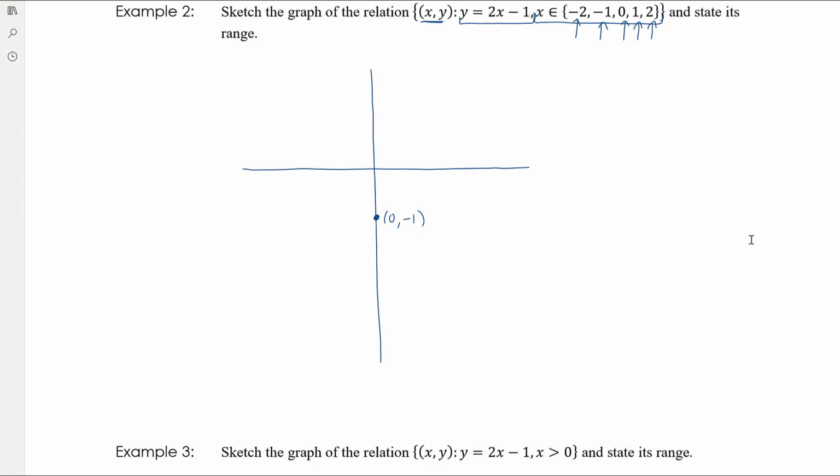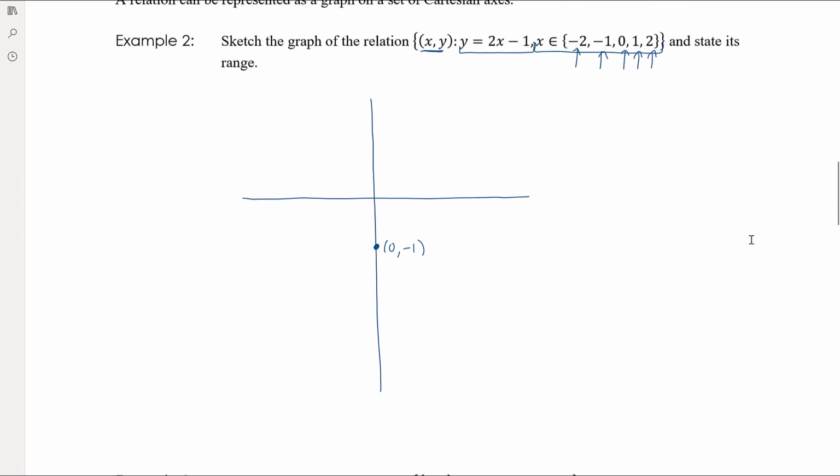So let's do the positive ones. When x equals 1, y will be 2 minus 1, so that will be 1. I've got my scale a bit out. Sorry, just going to move that axis down a bit. Alright, so let's make that 0, 1. Then we're going to have 1 and 2, and -1 and -2.